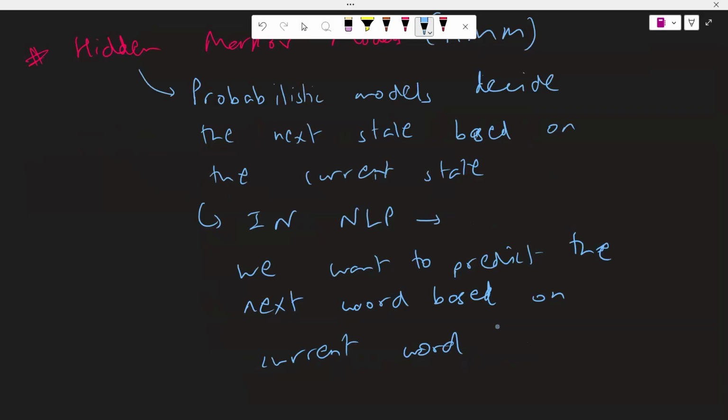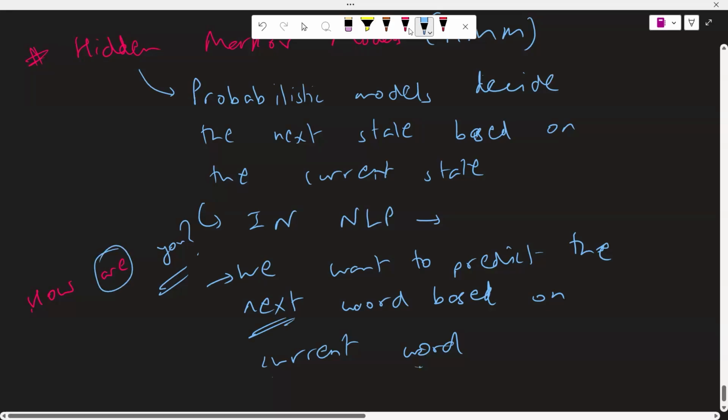When you type something like "how are", automatically WhatsApp will start suggesting the next word, "you", right? So how does WhatsApp identify that this is the word that has to be suggested? Over here, you're trying to predict the next word based on the current word. Okay, what is the current word? And that's the main logic of the hidden Markov model.